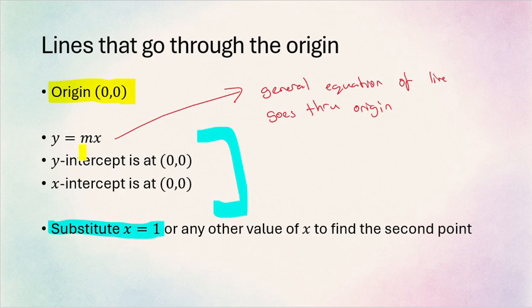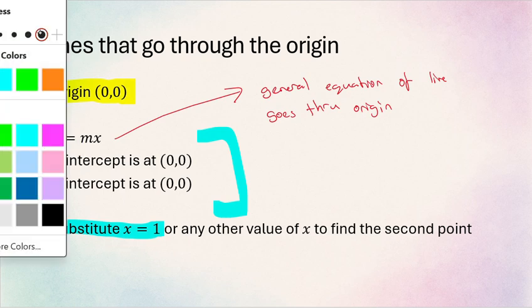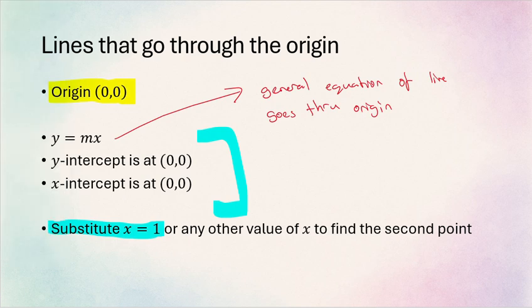Some key features: the y-intercept is at the origin, and the x-intercept is also at the origin.